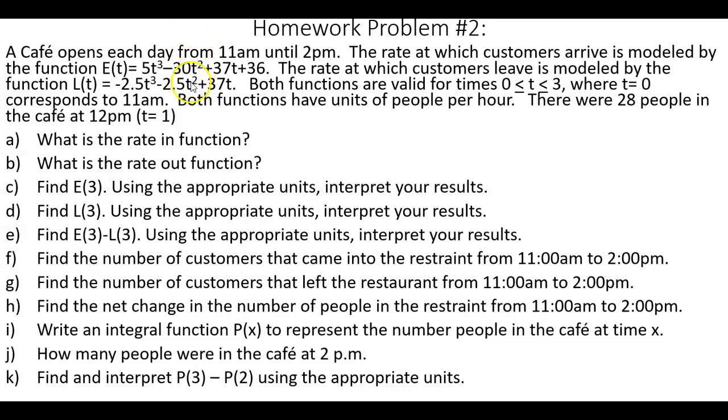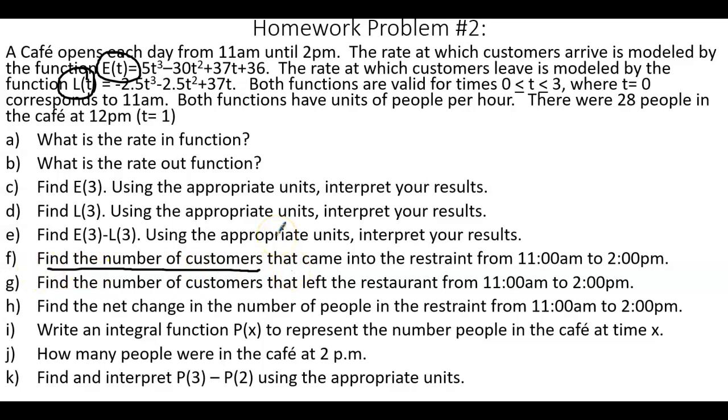Let's go ahead and take a look at F, the number of customers that came into the restaurant from 11 a.m. to 2 p.m. All right, so they're asking for a total number of people now. They're not asking about rates, so we're not dealing with just E and just L, but they want a total amount.